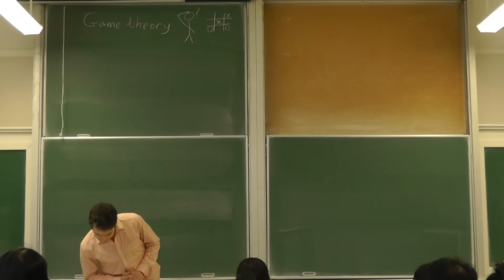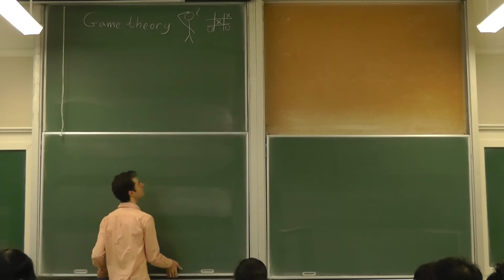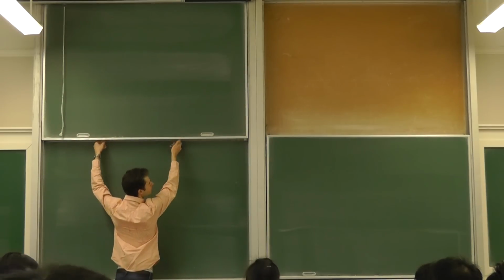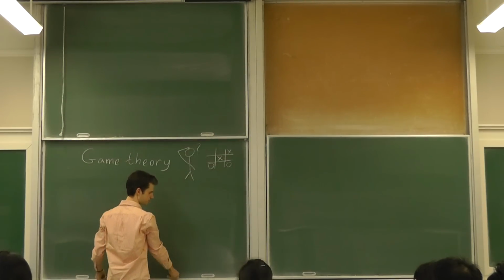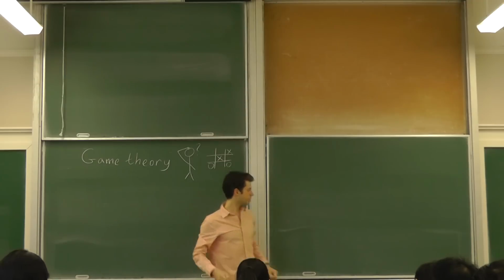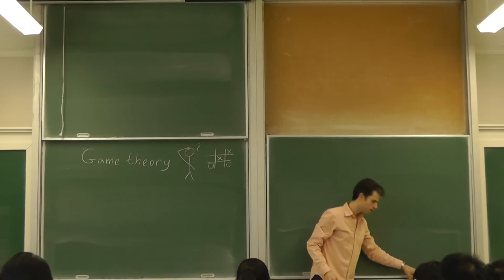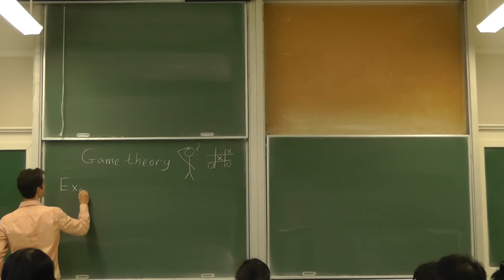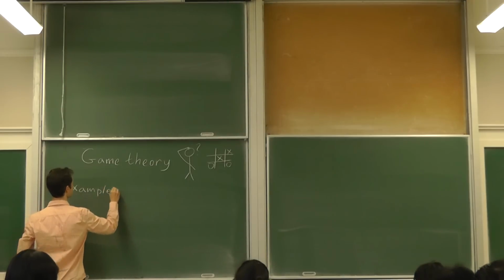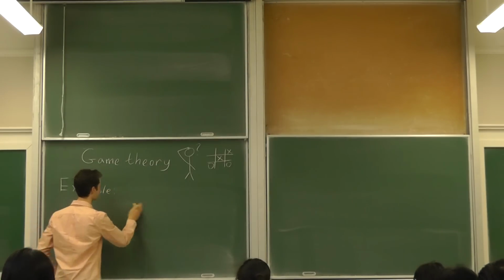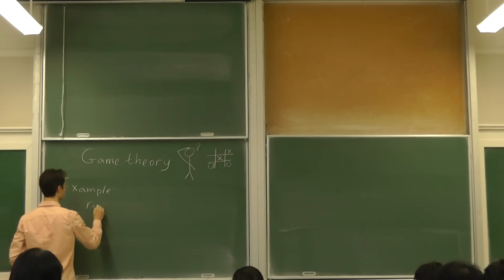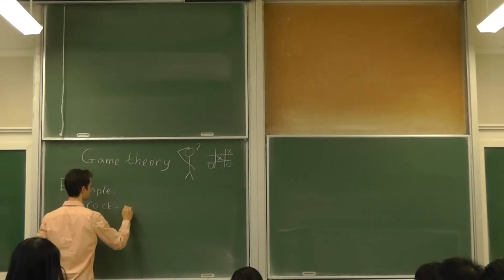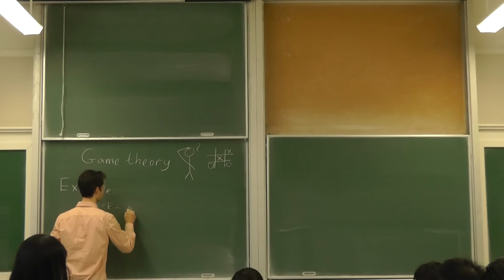And so let's talk about our first example of a zero-sum two-person game, something you're hopefully familiar with: rock, scissors, paper.